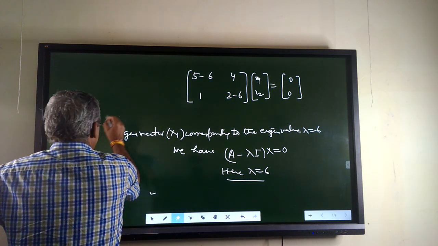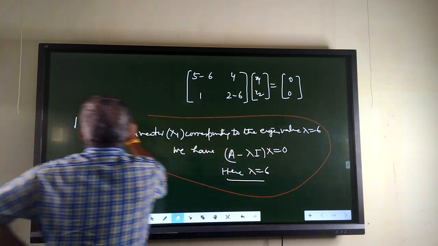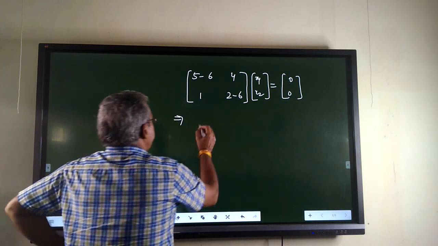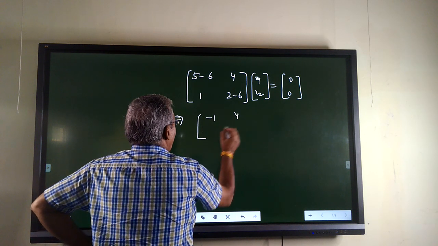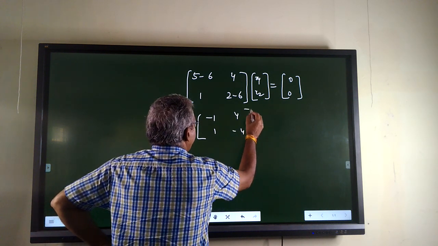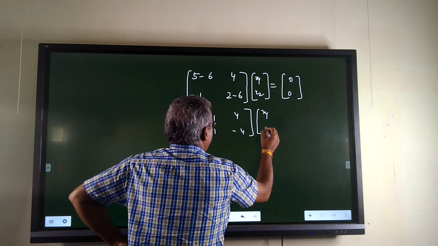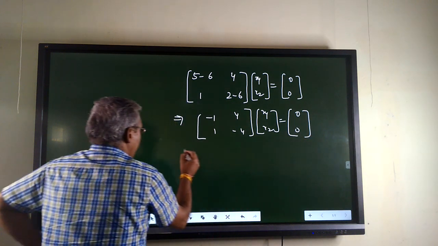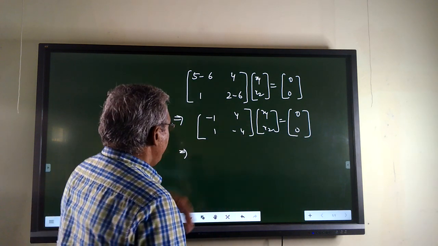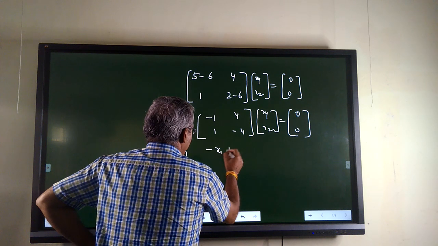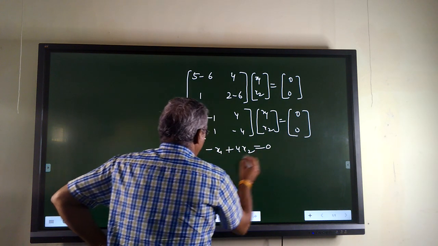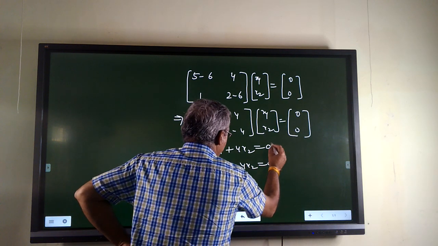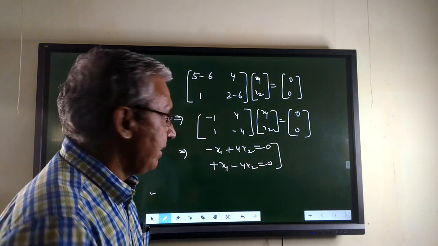After solving this relation, we have the matrix minus 1, 4, 1, minus 4, times x1, x2 equals 0, 0. After solving these relations, we have minus x1 plus 4x2 equal to 0, or x1 minus 4x2 equal to 0. These are the homogeneous equations.